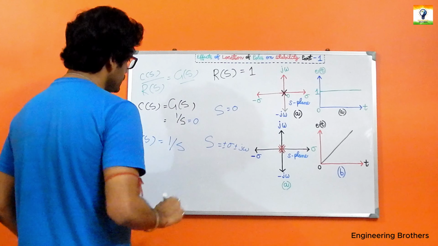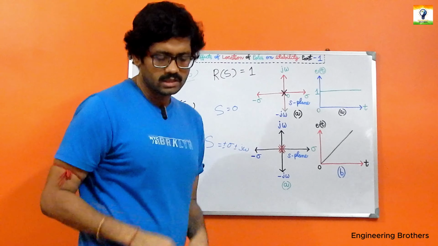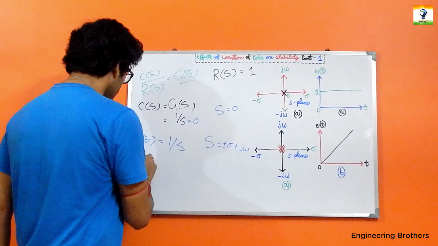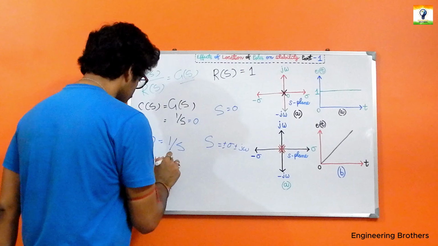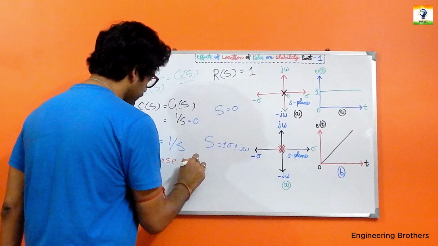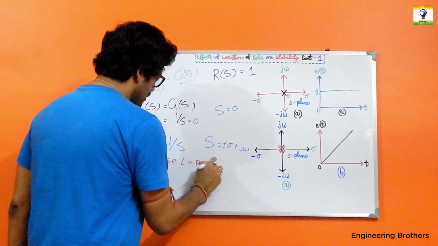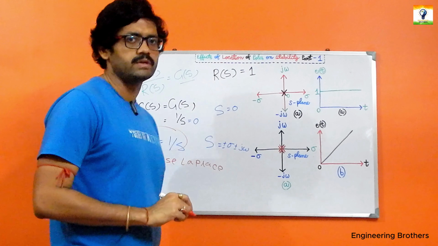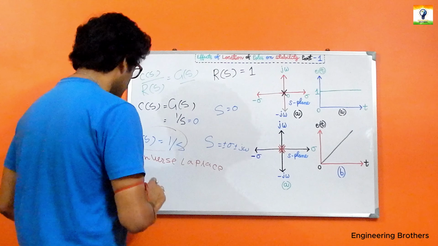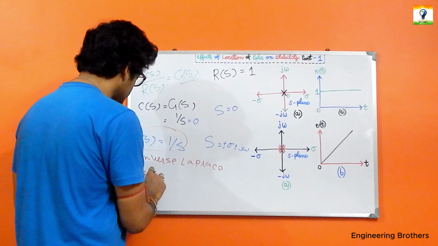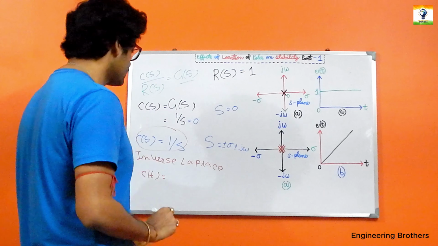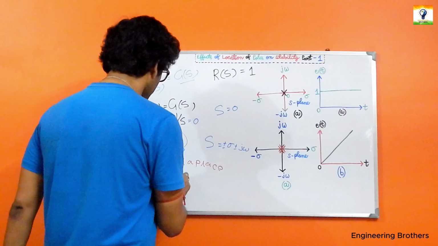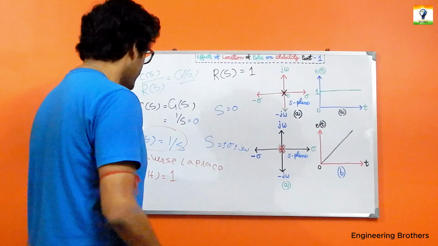Now if you apply the inverse Laplace on this given equation, we will get back to the time domain equation, where C(s) will become c(t), and the 1 by s, if you apply the inverse Laplace on it, we have 1.